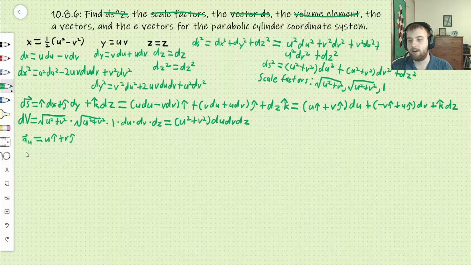And then our A_v is negative v i plus u j. And then our A_z is equal to k. So those are our A vectors. And our E vectors, our unit vectors that make up this whole thing.